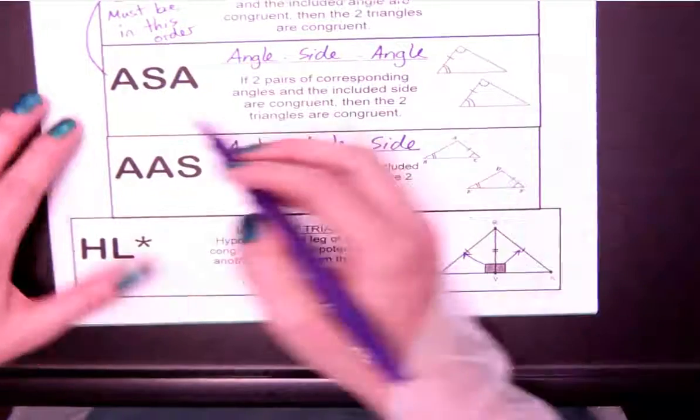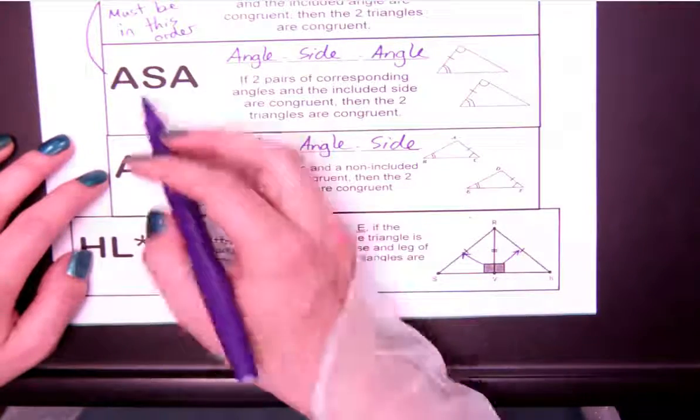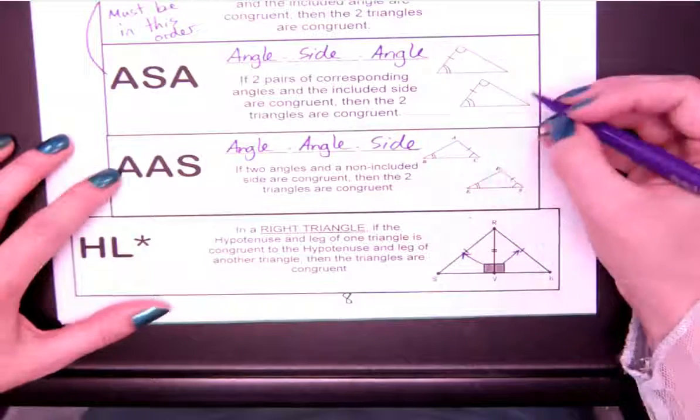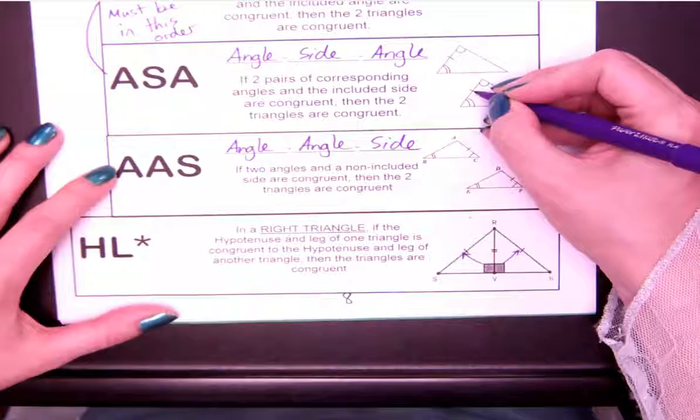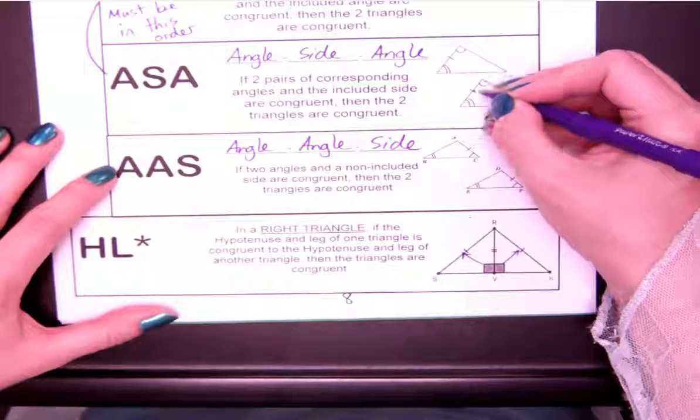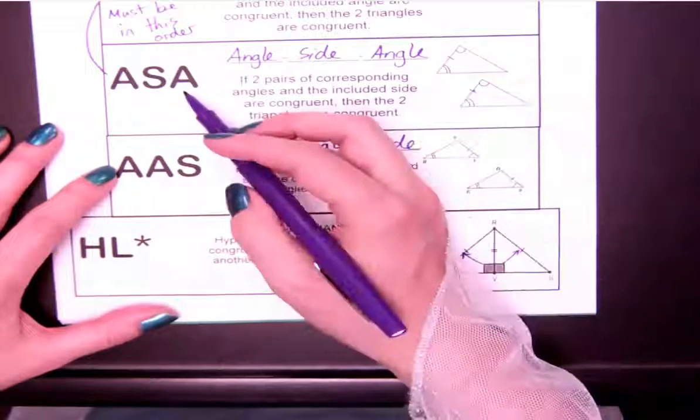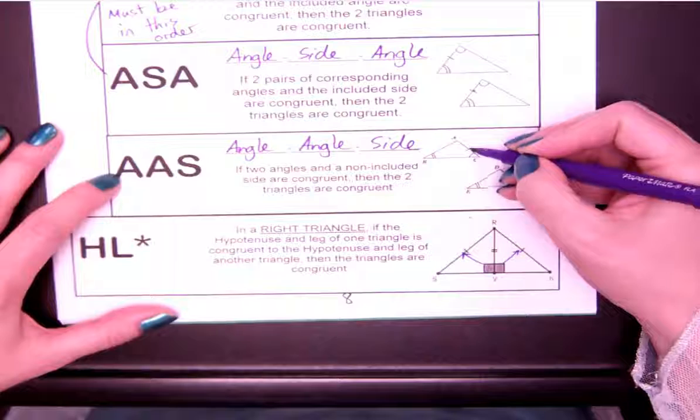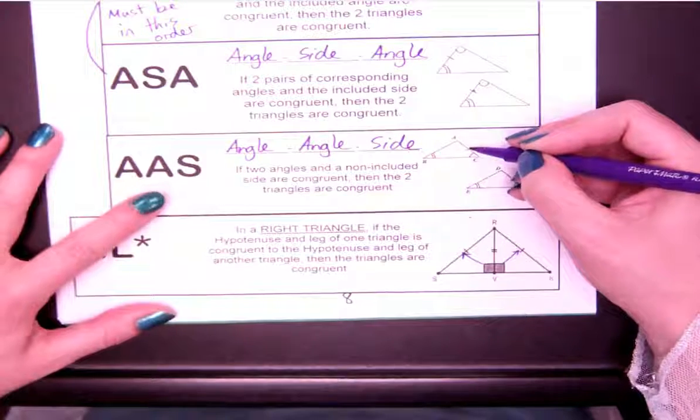Because you're right, we have 2 options where there's 2 angles and a side. If the side is in between, so the side is touching the 2 angles that are congruent, then it's angle, side, angle. If the side is not touching the 2 angles that are congruent, then it's angle, angle, side.